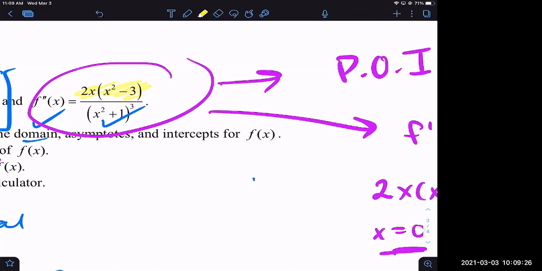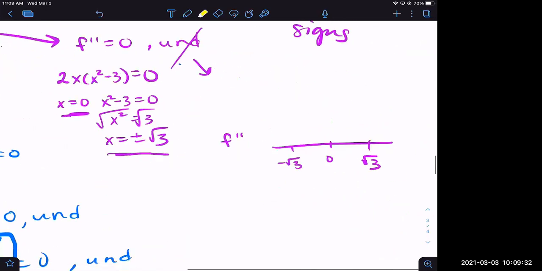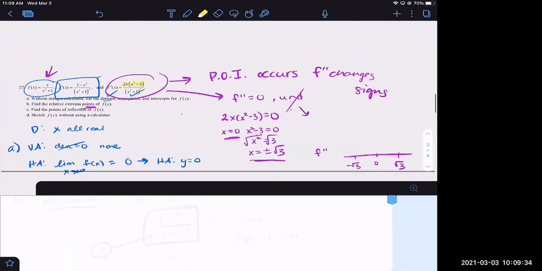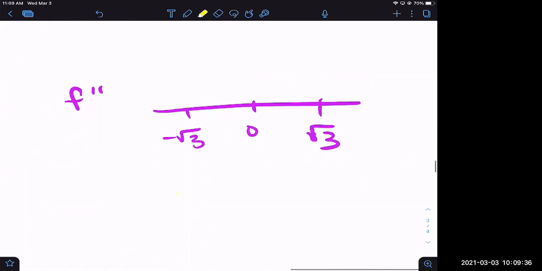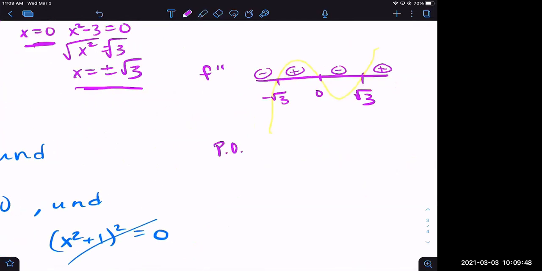It would only not change signs if the graph bounced, if I had a 0 with even multiplicity. But it's a cubic function, so I know it's starting low and ending high. So I know the sign had to go negative, positive, negative, positive. The order that it changes doesn't really matter. It's just that it did change signs. So we have a point of inflection when x equals plus or minus √3 and at 0.